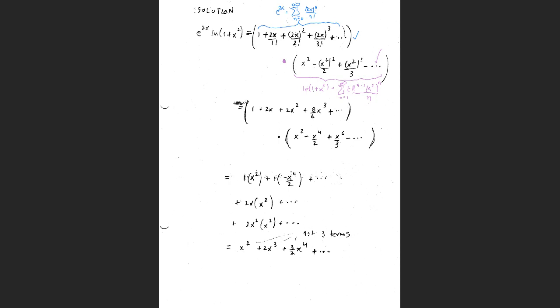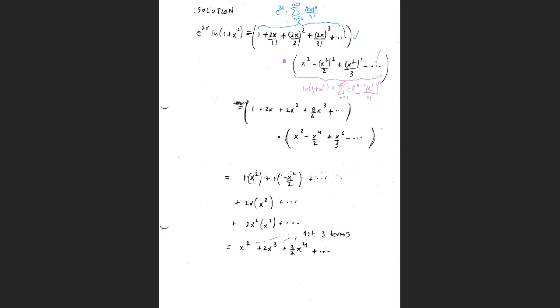All right. Well, now what do we do? And why did I write the terms out? Well, it's because in this problem, we're being asked to find specifically the first three non-zero terms in the Maclaurin series.